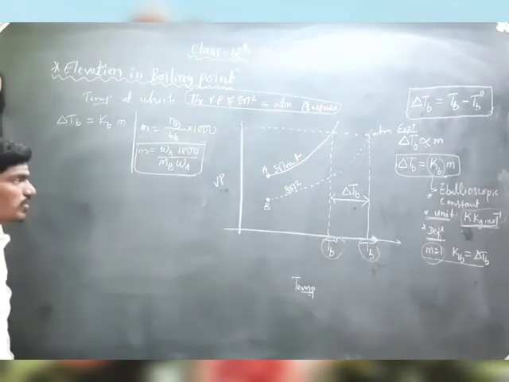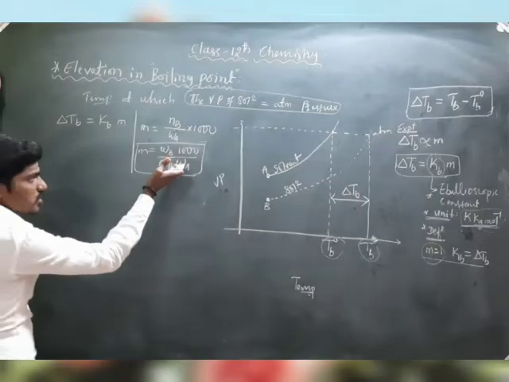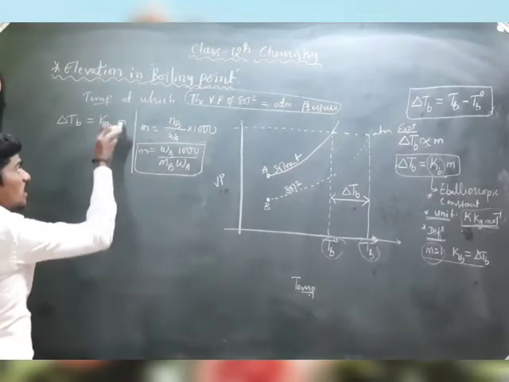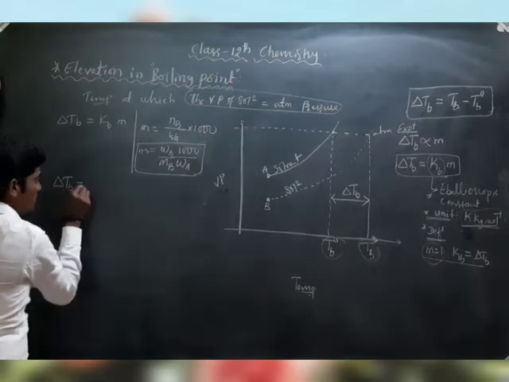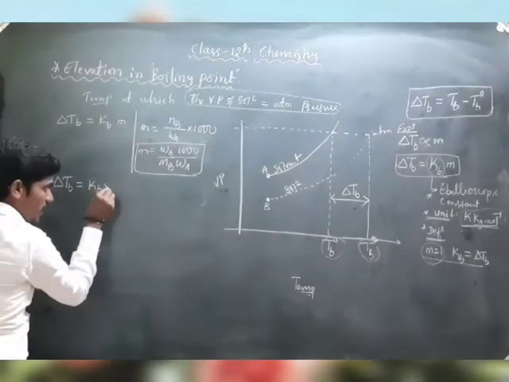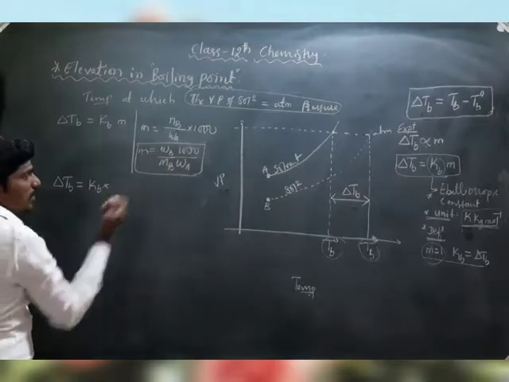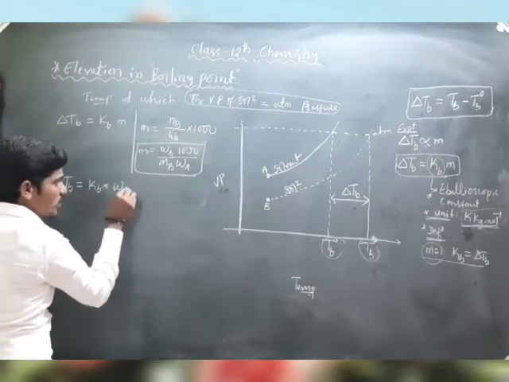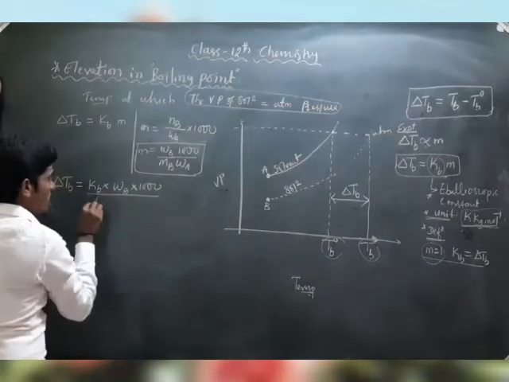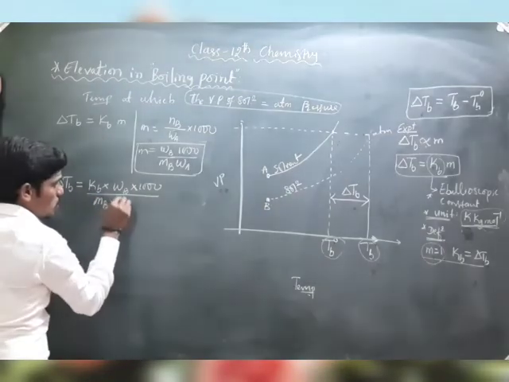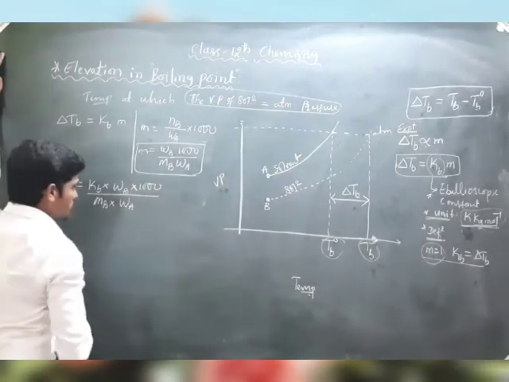In the beginning we have studied this. So now just substitute this formula in the equation. We'll get delta TB is equal to KB into molality, that is KB into WB into 1000 divided by MB into WA.